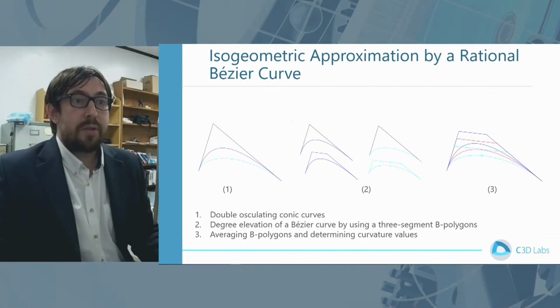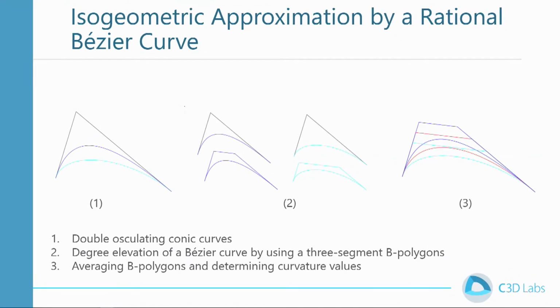The third innovation is an isogeometric approximation of a virtual curve with a non-uniform rational Bezier spline. It's a method for isogeometric NURBS curve generation. A geometrical algorithm consists of a series of simple operations as follows.